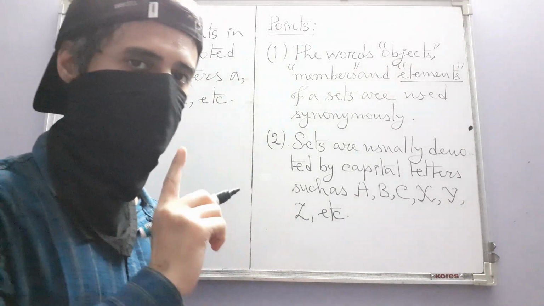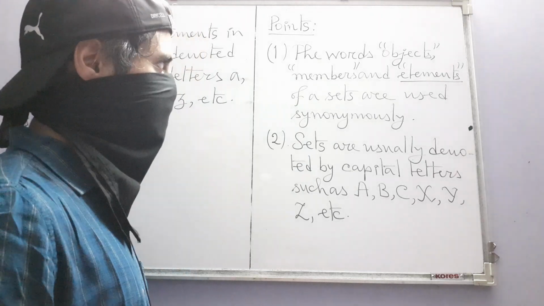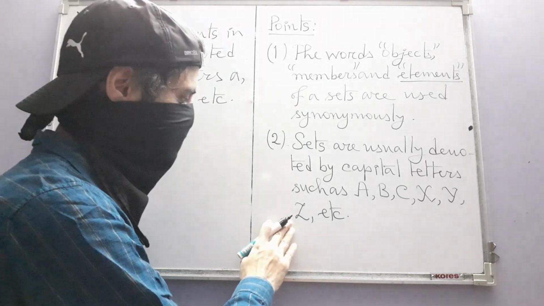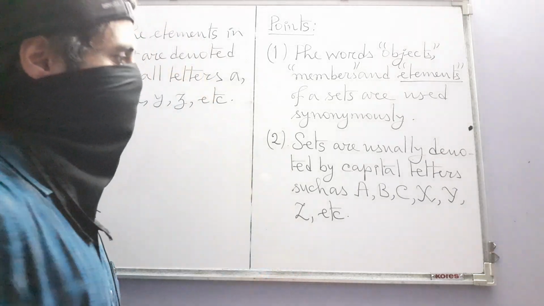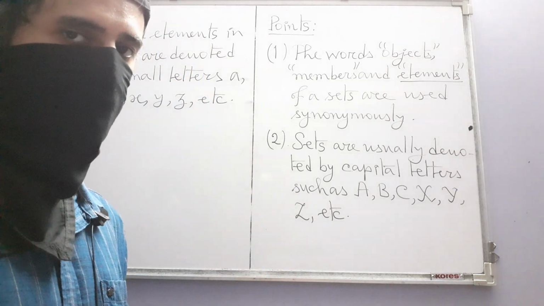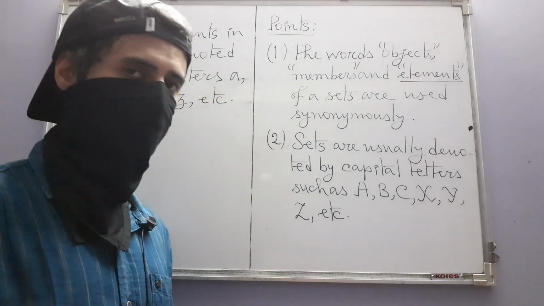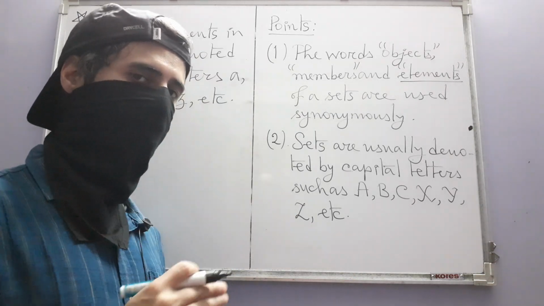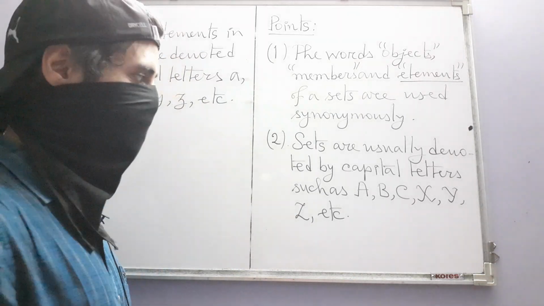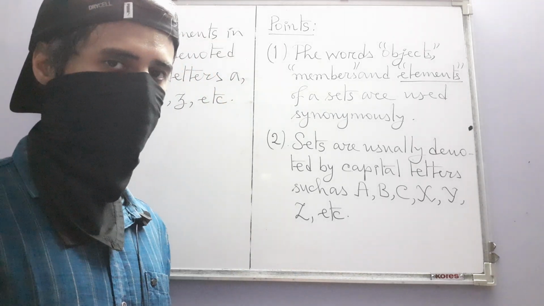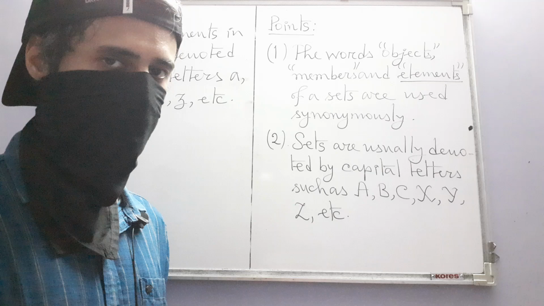However, there is an exception. Sometimes some sets are also denoted by small lowercase Latin letters. I won't say where right now. Somewhere in advanced mathematics, you will come across a situation where a set will be denoted by a lowercase letter.